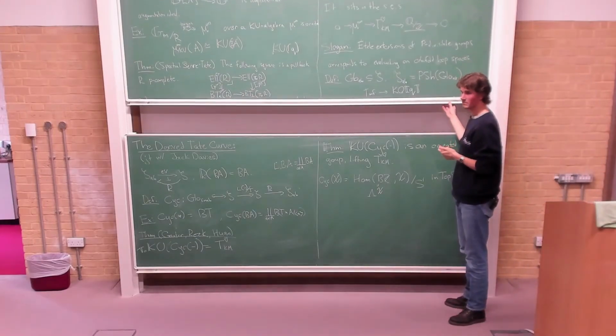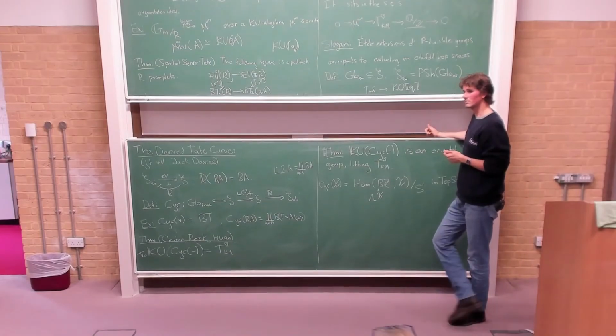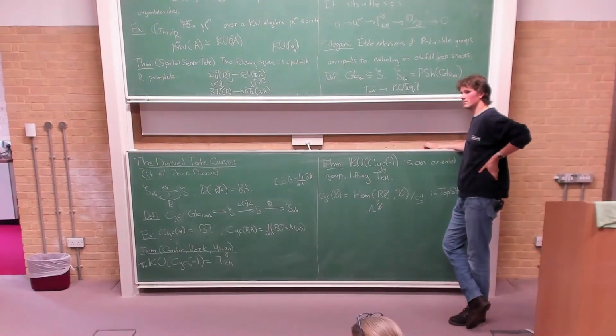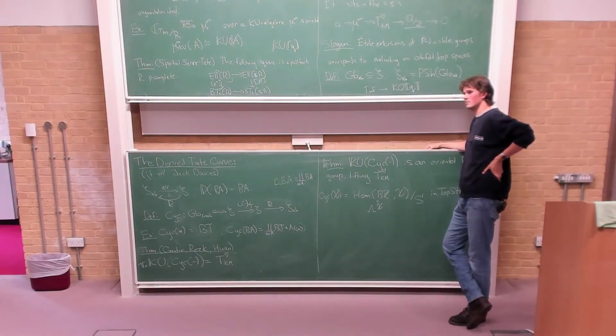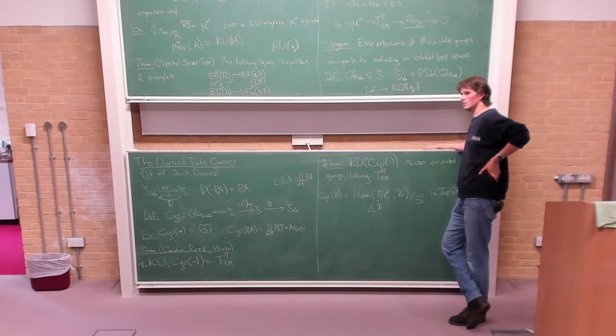But in fact, that map factors through a higher connected cover, where the target is the sum over non-negative i of the 8i-th suspension of little k. I'm at the prime 2 now. I know how to construct that map as a multiplicative map in the homotopy category, but I don't know how to make it an E-infinity map.